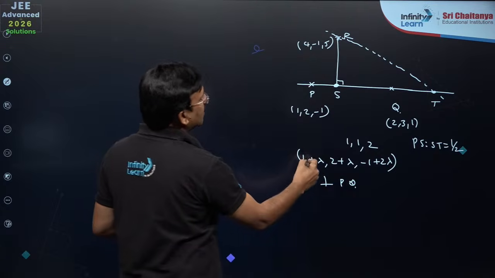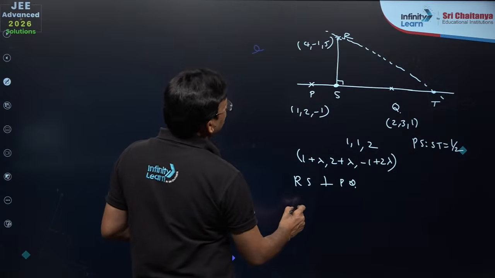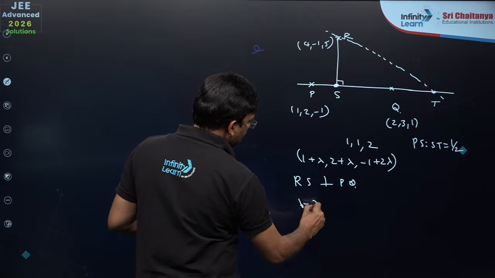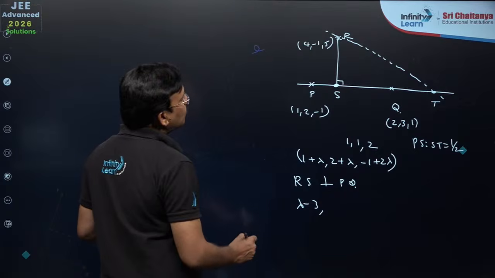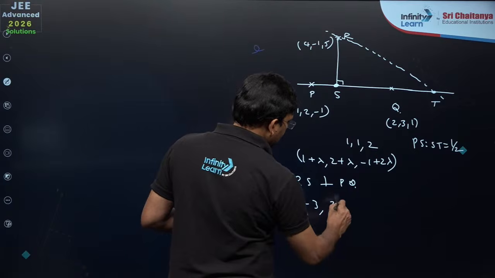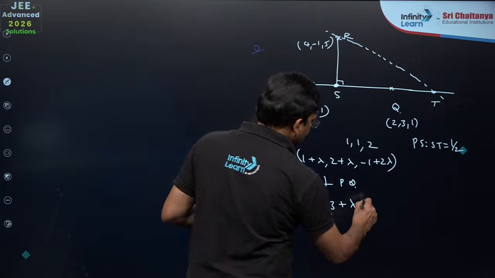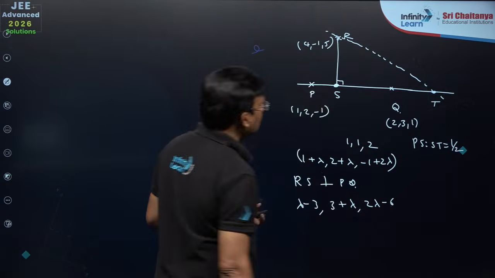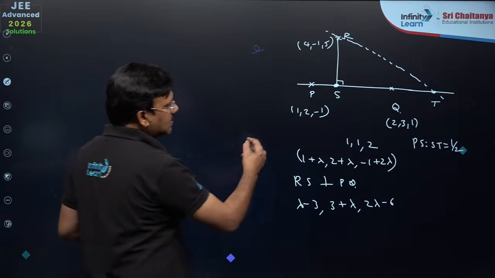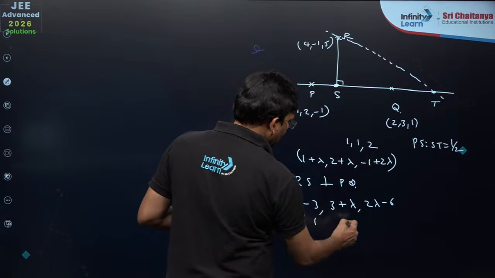What are RS DRs? 1 plus lambda minus 4, which is lambda minus 3, and 2 plus lambda plus 1, 3 plus lambda, minus 1 plus 2 lambda minus 5, that is 2 lambda minus 6. These are the DRs, and the line's DRs are 1, 1, 2.